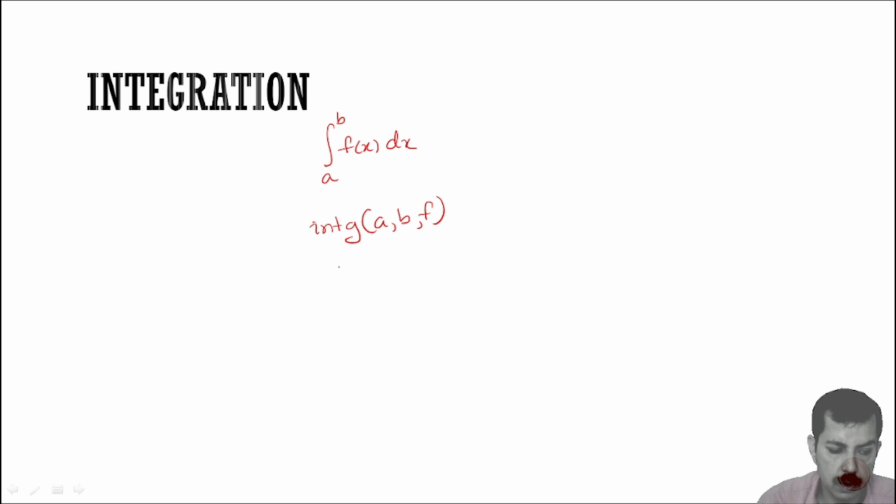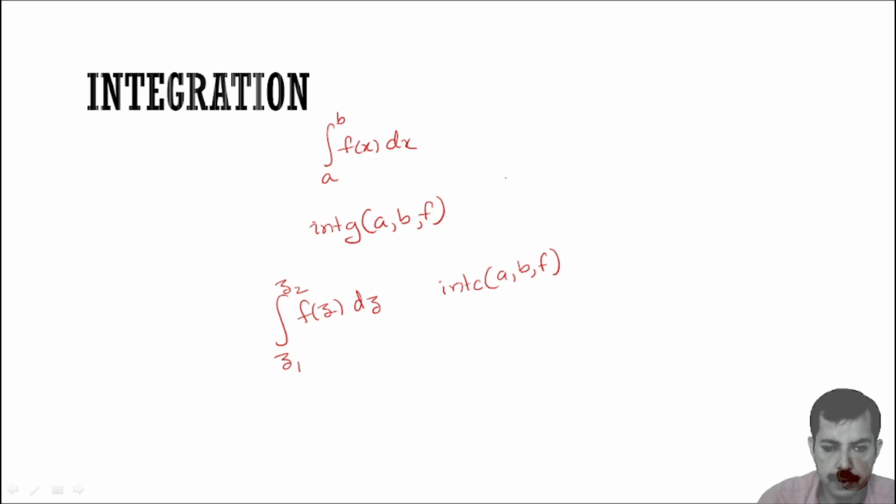Now if I consider the integral of f of z dz from z1 to z2, this is a complex integration. For complex integration, I can use the command intc, and similar arguments can be passed.